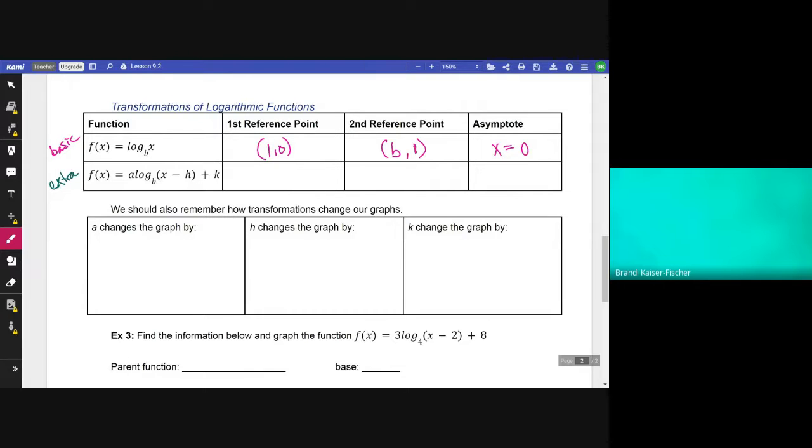So here are our rules to finding these reference points. First reference point is 1 plus h, and then the k value. So very similarly to our exponential rule. The second reference point is where it's going to be a little bit different. The second reference point is b plus h, and then a plus k.